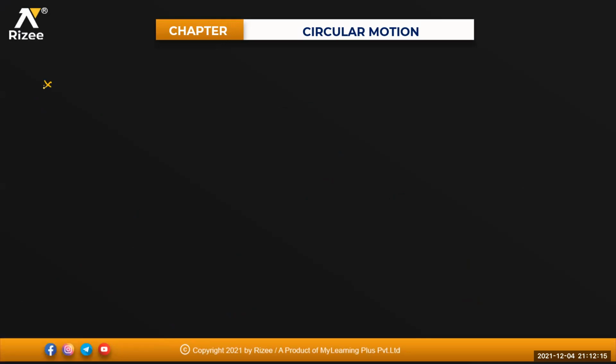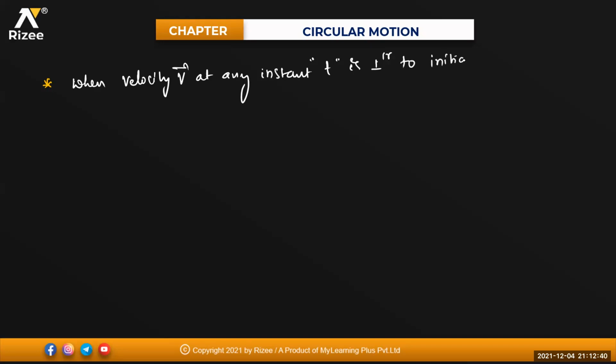Now one more point, Beta. Listen, this one is very important. When the velocity v bar at any instant of time t is perpendicular to the initial velocity u bar, something like this.